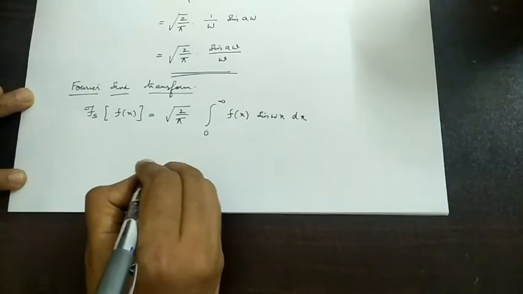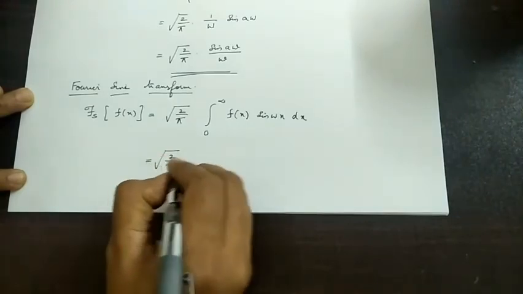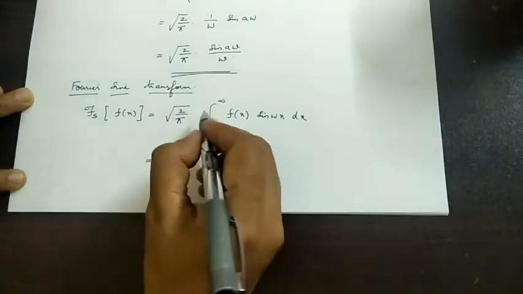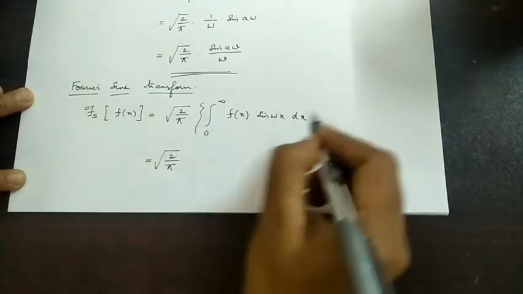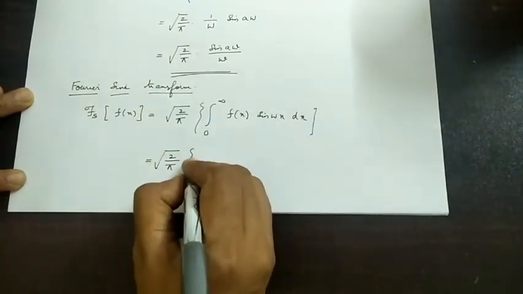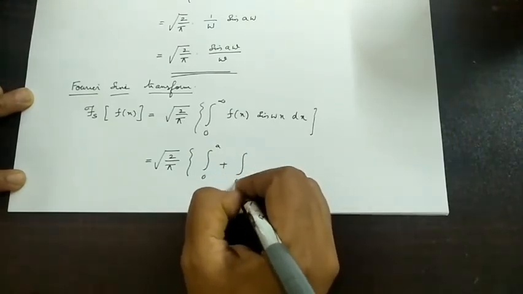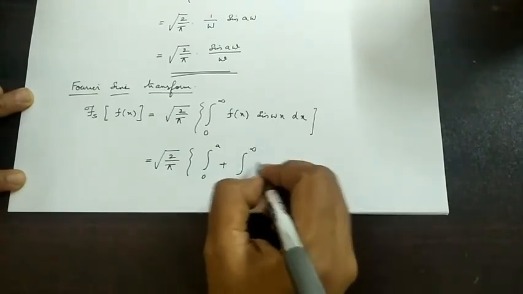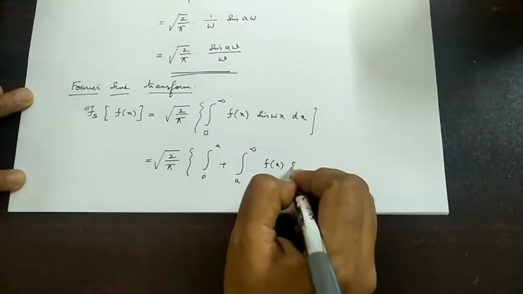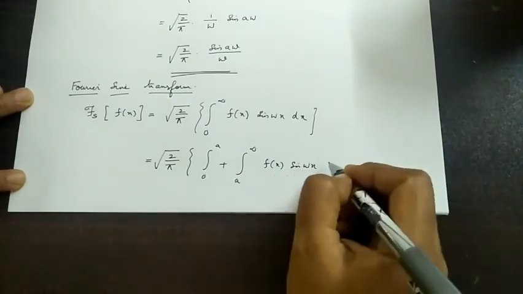It is equal to root 2 by pi into, now the limit from 0 to infinity can be written as 0 to a, then from a to infinity, f of x sin omega x dx.